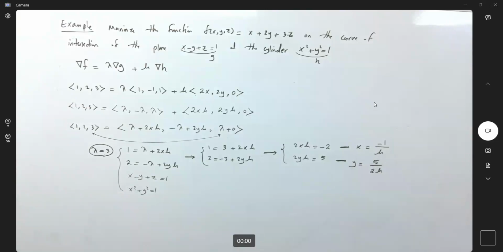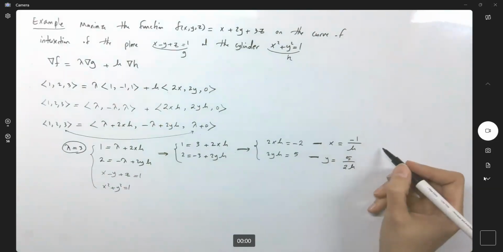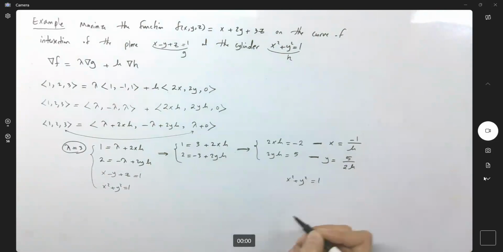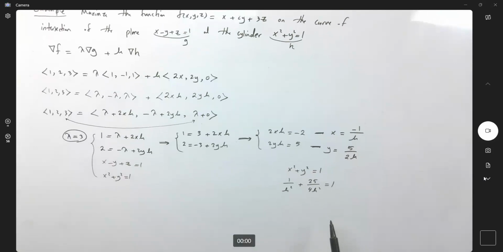So take a look at this. Let me move it a little bit here. x squared plus y squared is equal to 1. So 1 over mu squared plus 25 over 4 mu squared is equal to 1, right? As you can see, these are all pure algebra.